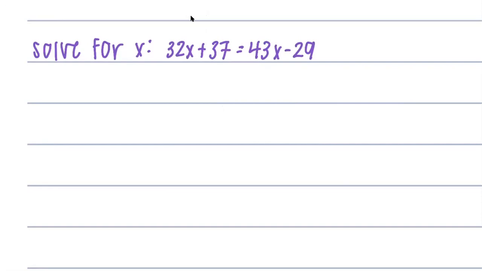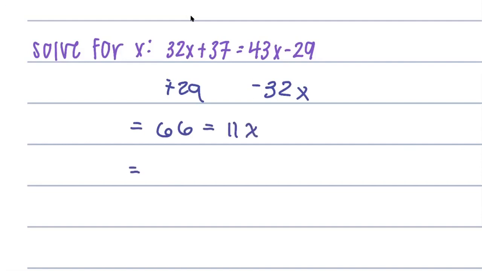So then 37 plus 29 equals 66, and 43x minus 32x equals 11x. So x equals 6. Yep.